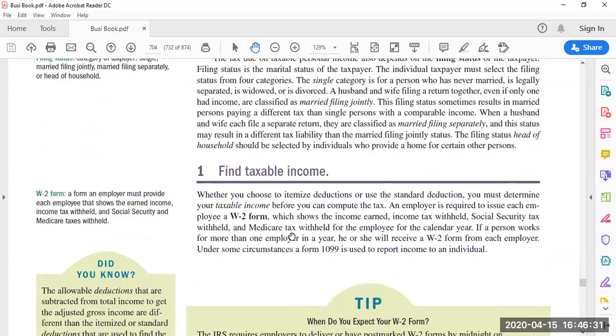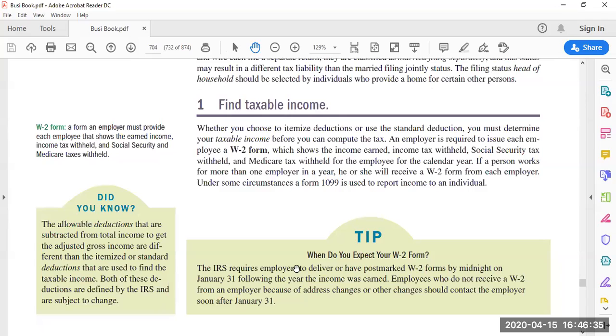So, finding your taxable income. Well, when you get a job at your company, they have a form called a W-2 form. Your employer must provide that to you. And on that form, it is going to show you the total amount of income that you earned.